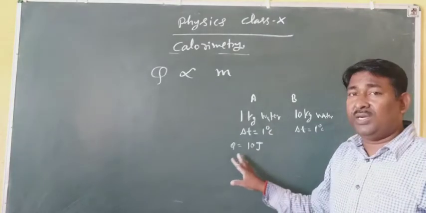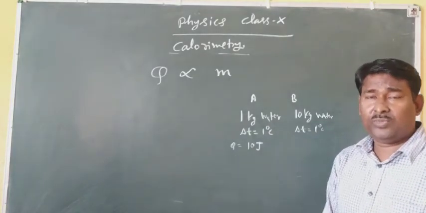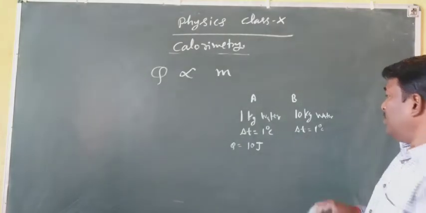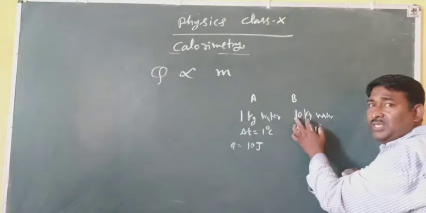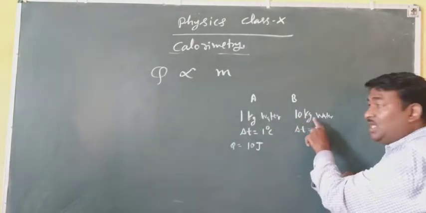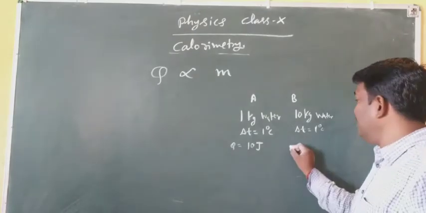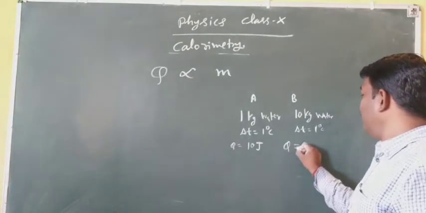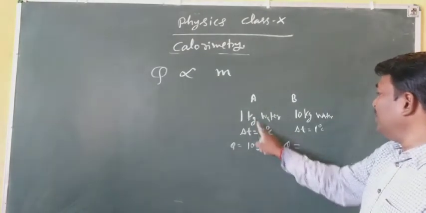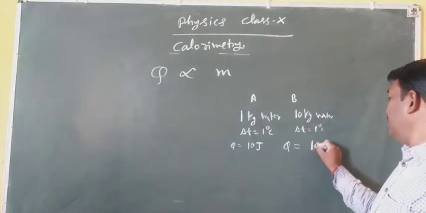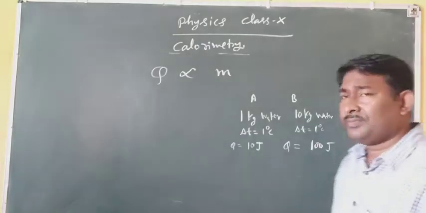Will you require the same amount of heat? Obviously no. Why? Since here the mass of the substance has been changed. That's why we need more heat. Just as for 1 kg it is 10 joule, for 10 kg it may require 100 joule.